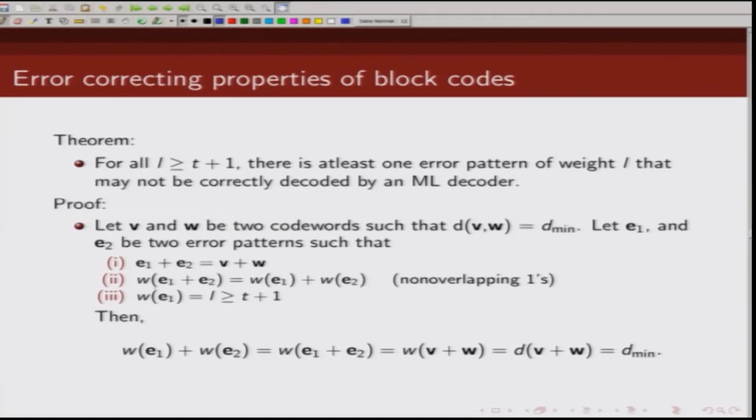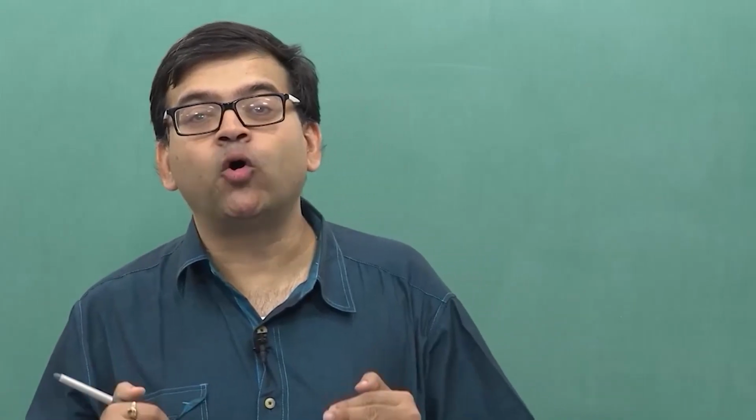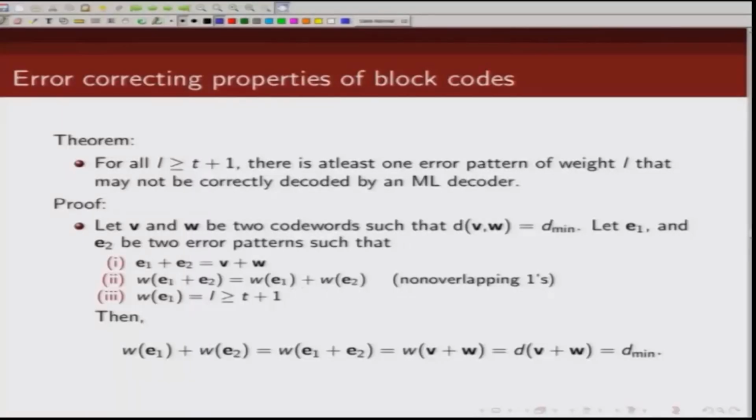The second property is that E1 and E2 do not have any overlapping ones. So, weight of E1 plus E2 can be written as weight of E1 plus weight of E2. And we will show that if there is an error pattern of weight L, where L is at least t plus 1, then our maximum likelihood decoder will make an error in decoding.